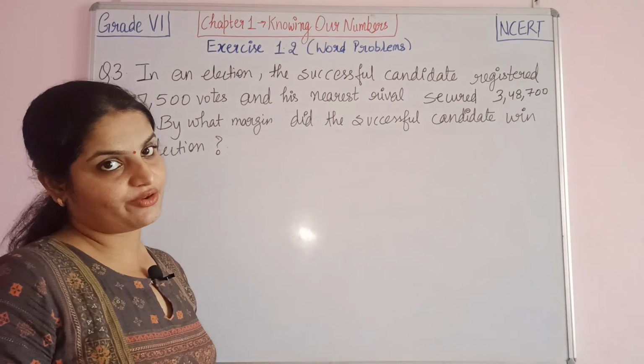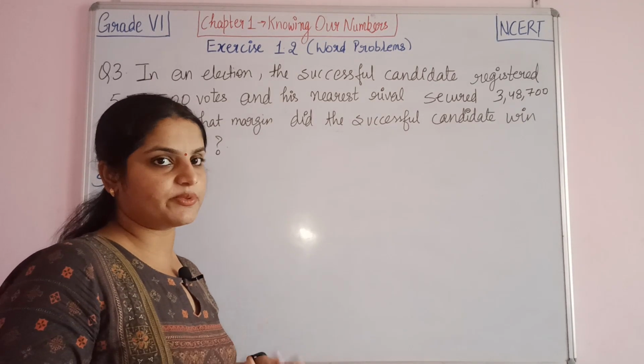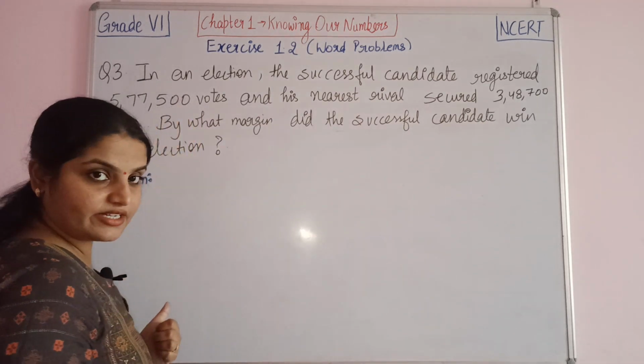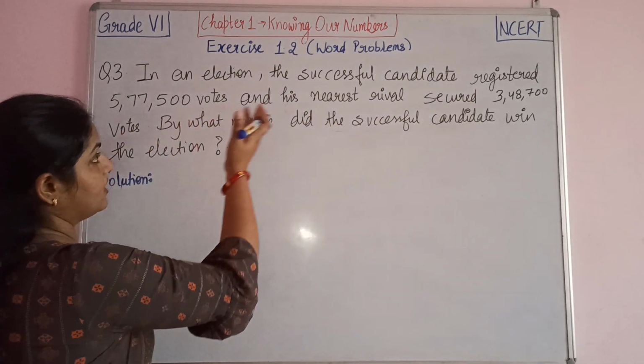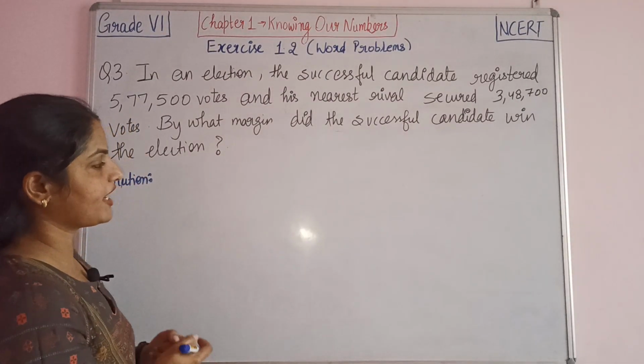Okay, so let's write down the statement first. What we have to do basically in this question is subtraction. We need to find the difference in the votes. Okay, so let's write down the statements for this. Number of votes which are gained by the successful candidates.